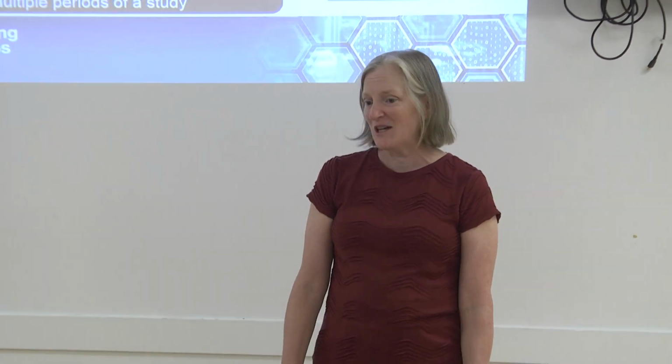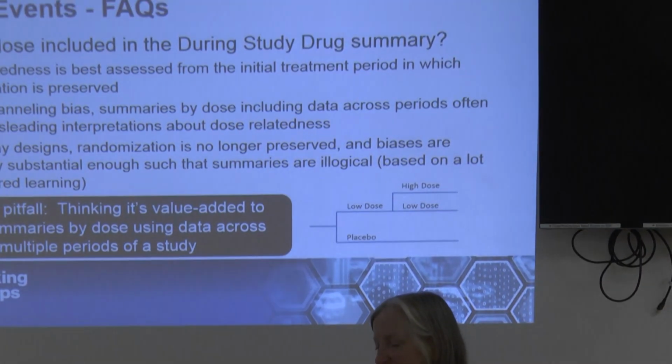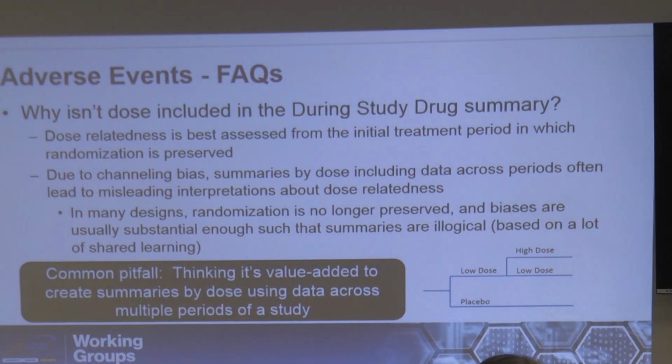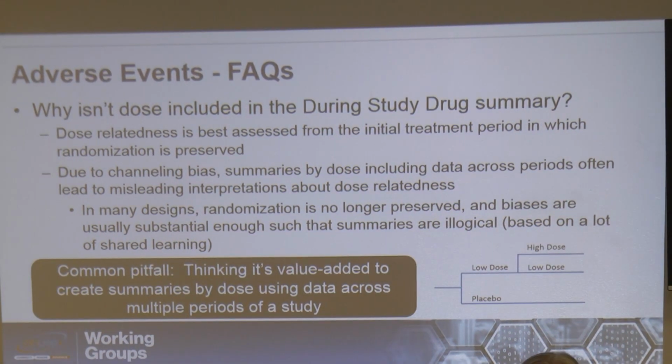All right, so why isn't dose in that table? This is a very common question or request. They want to take the study design, if you remember, the treatment period with low dose, high dose, and placebo, and then the open label extension had just high dose. So why don't we just have one big table with low dose, high dose across the whole study?